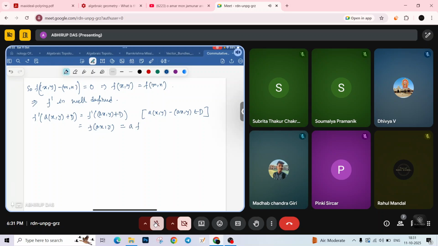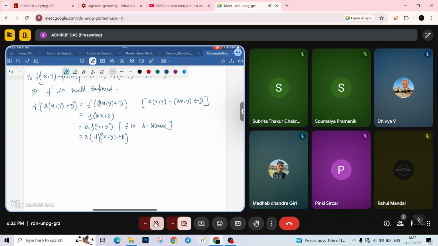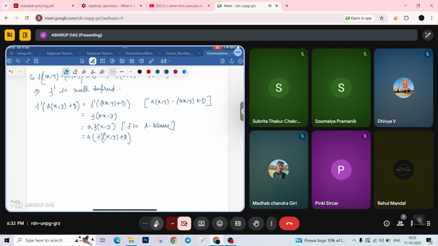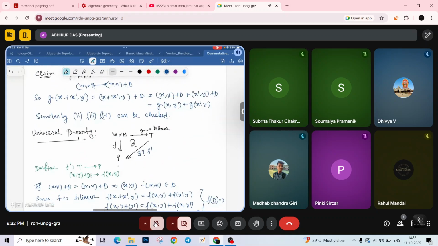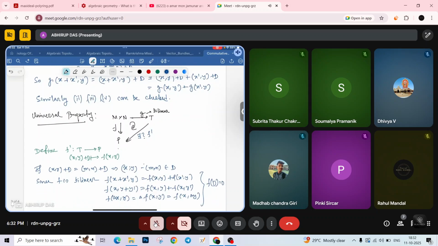And since f is bilinear, correct? Yes. And you see, the way we have defined it, it is clear that it is bilinear, no? Because what are we doing exactly?